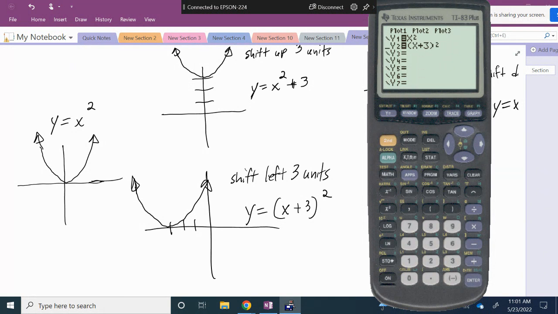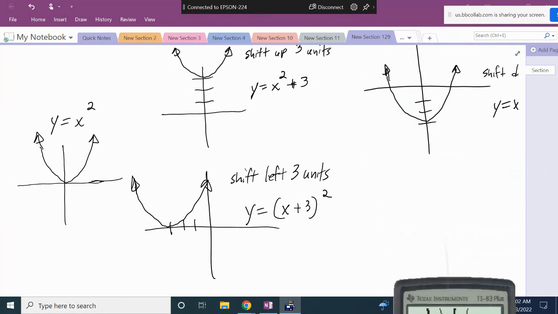I'm going to change my thin line to a thick line, regraph, and notice that is a shift to the left 3 units. Normally when you think about going to the left, that's actually a negative direction. But notice I'm not putting minus 3 on the inside, I'm putting positive. So that's one thing you need to be careful of whenever you move to the left or to the right.